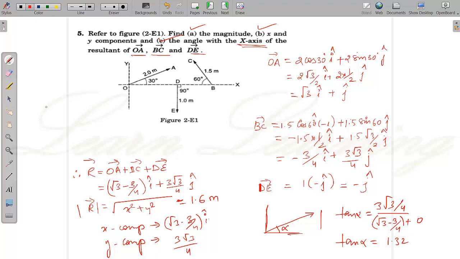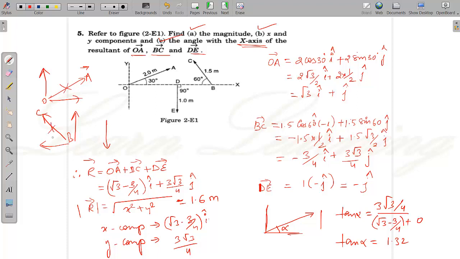So what we can do is, instead of the OA vector, we will not use it directly. We will split it into two components, perpendicular to each other. Similarly, instead of the BC vector, and instead of DE also, we will split each into two vectors perpendicular to each other.